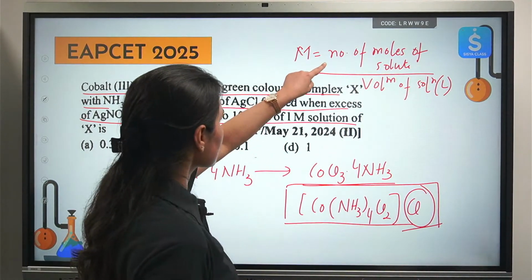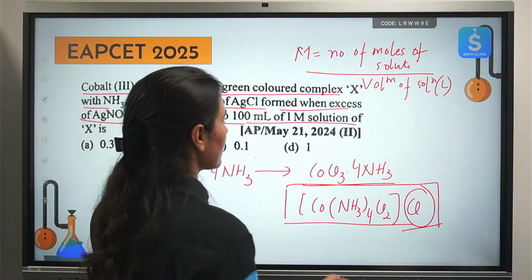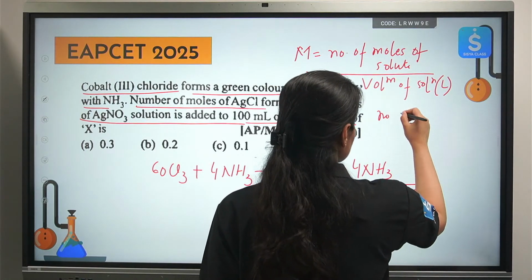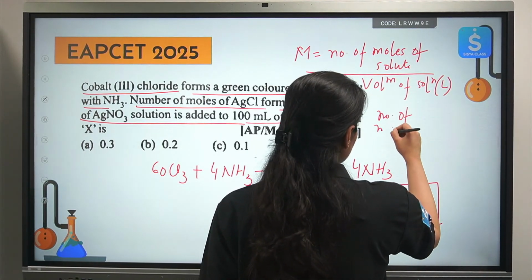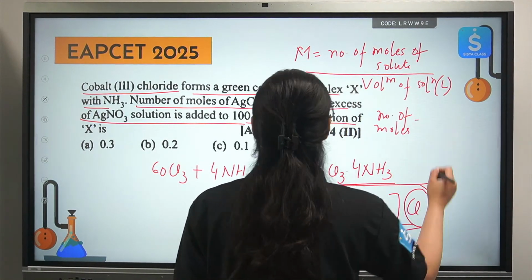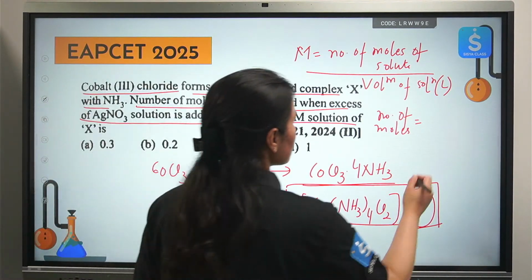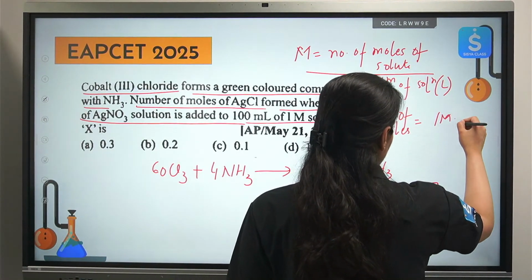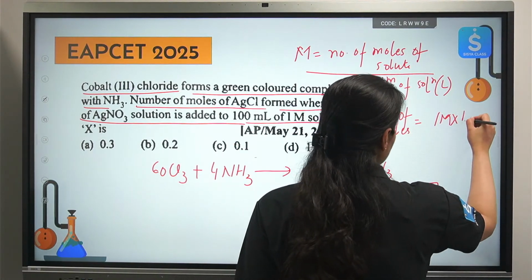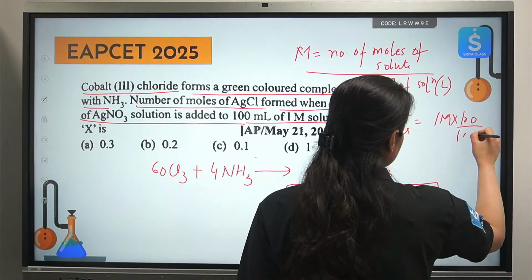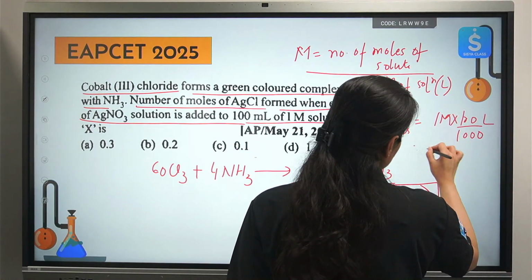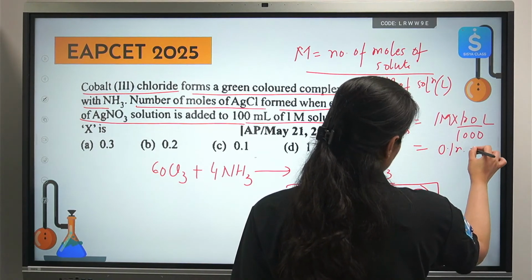So we are asked about the number of moles. So the number of moles will be molarity into volume in liters. Molarity is 1 molar and volume is 100 over 1000 in liters, right? 0.1 moles.